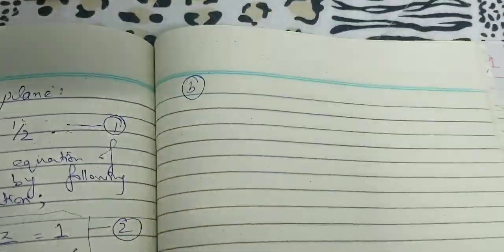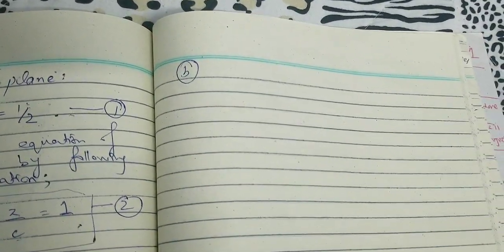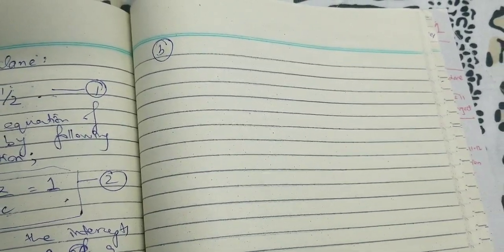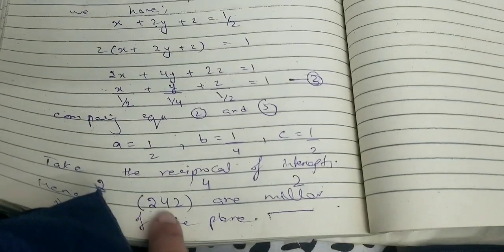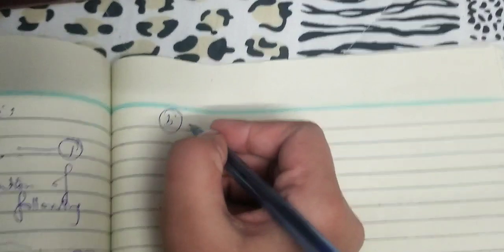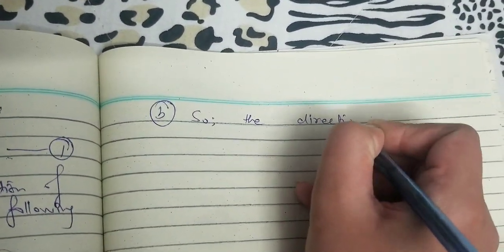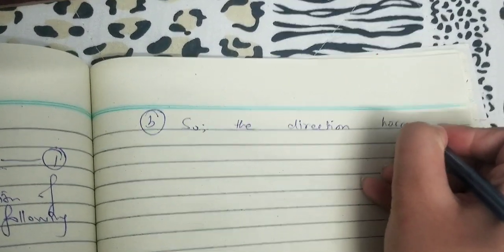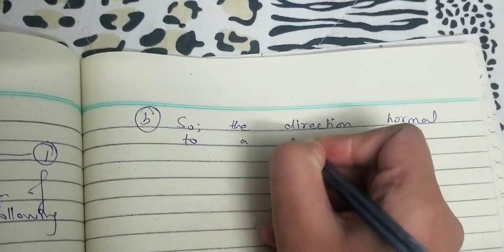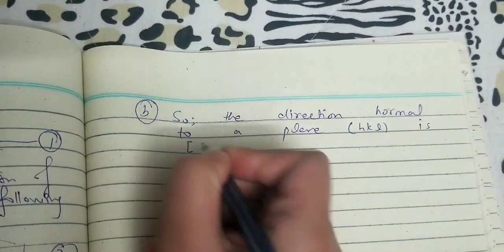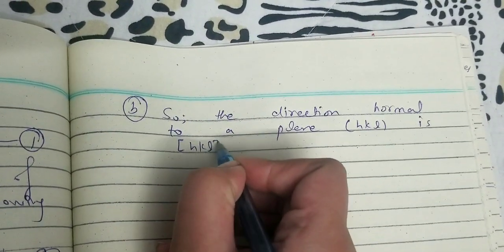we need to find the direction that is perpendicular or normal to the plane. Normal means perpendicular to the plane, to this 242 plane. The direction normal to a plane with Miller indices HKL is square bracket HKL.